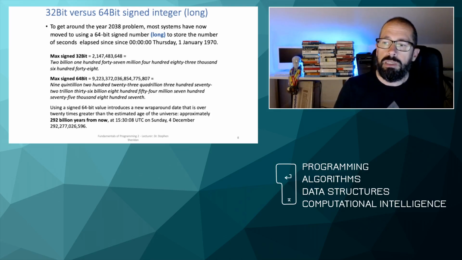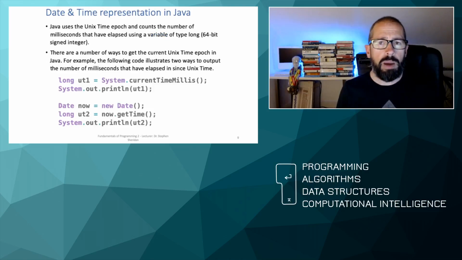So how do we represent dates and times in Java? Well, Java uses this concept of epoch time, and it uses the Unix time as the point on the timeline where it counts forwards and backwards. We have a bunch of libraries in Java and multiple ways of grabbing the system time in Java.